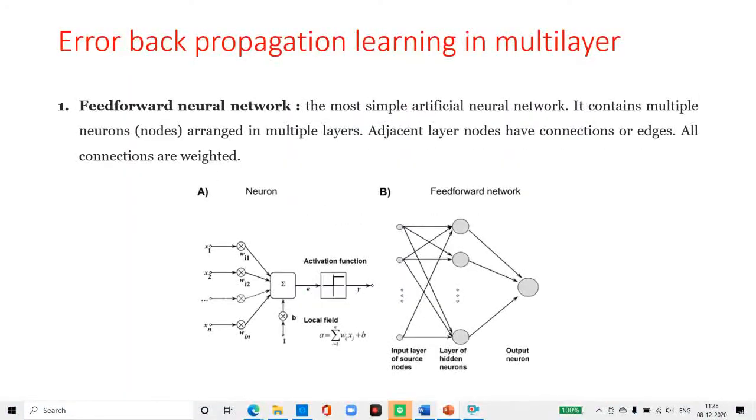So the next point is error back propagation learning in a multi-layer network. In the previous lecture we discussed bias and how to add a bias in a binary classification problem with the help of input and weights.